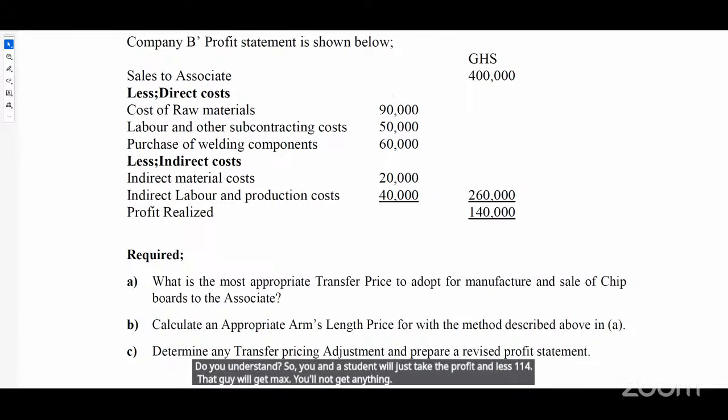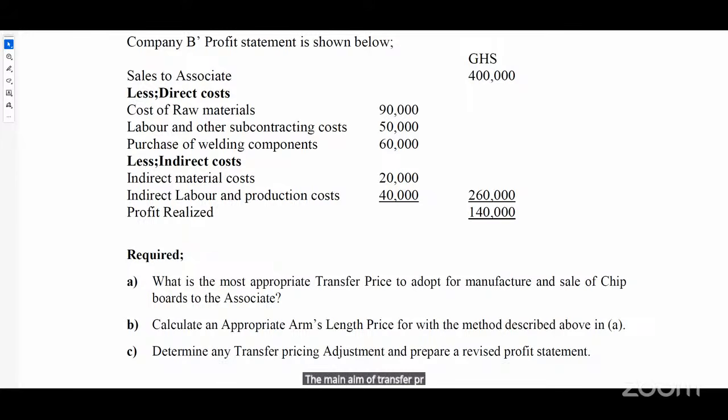The main aim of transfer pricing is the transfer pricing adjustment. Do you get it? Please soak this thing small. Just ponder over it, whether it makes sense.